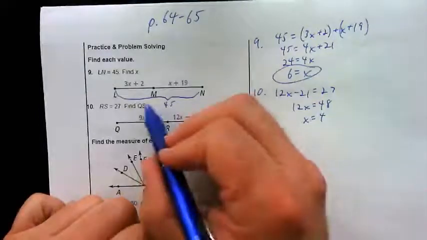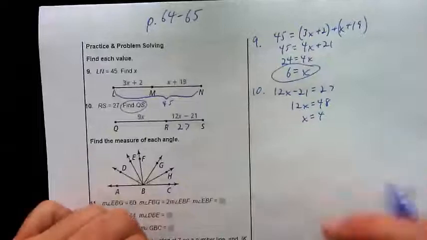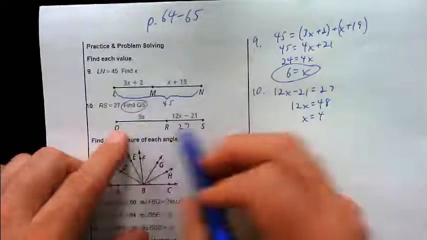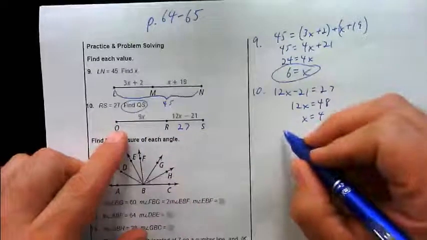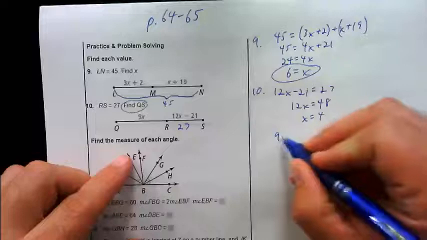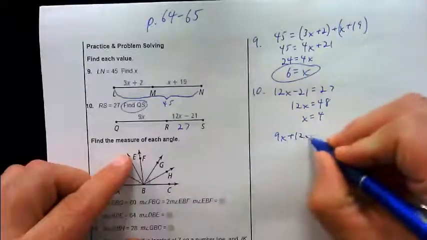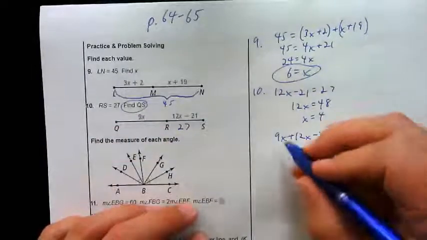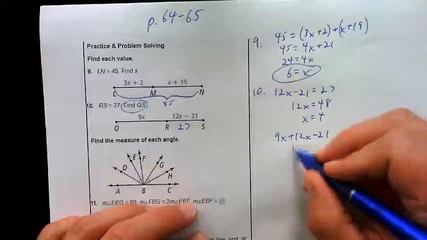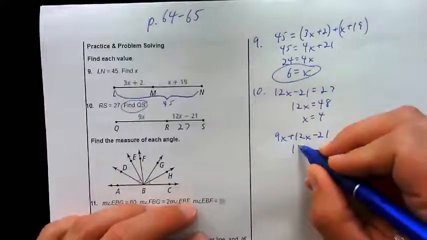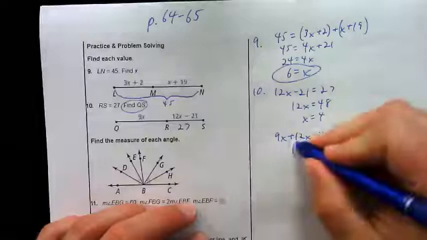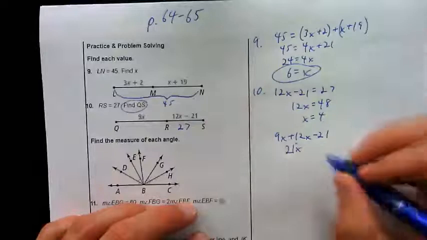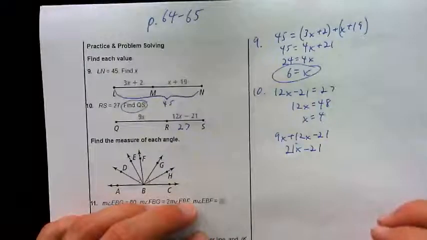We're not stopping there. They want us to find QS. So now we're going to take 4 and plug it back in. What are we plugging in for? Well, we want this whole line QS. So we actually have to do this whole line. So let's go ahead and add these up. We have 9x plus 12x minus 21. That's the entire line. Combine your like terms here. 9x and 12x, that's going to be 21x minus 21.